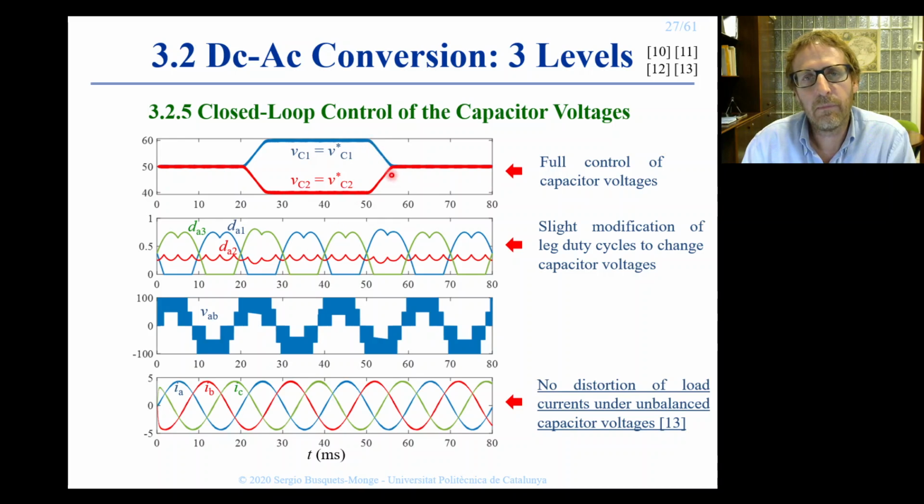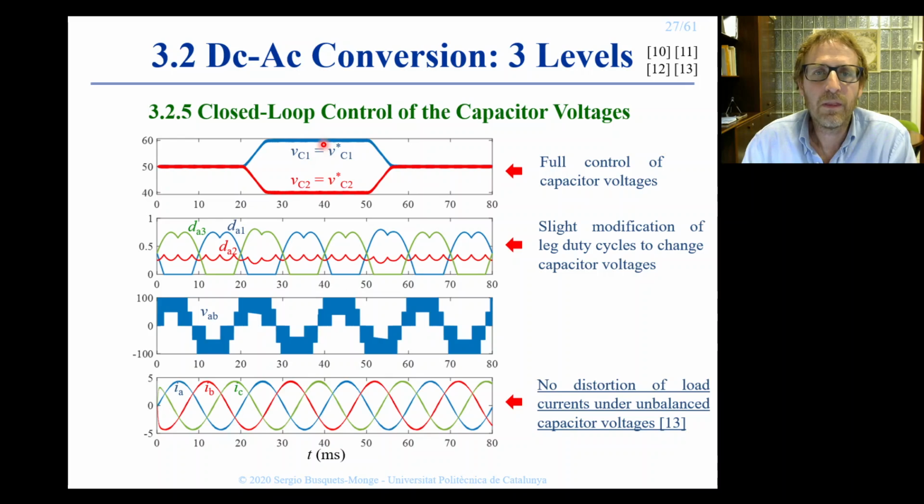Finally, at this point in time in the simulation, we recover a command for the voltages so that both are equal to 50 volts. And as we can see, the control is able to recover this balance without too much variation of the leg duty ratios again. Well, an important feature of this pulse width modulation strategy, as you can see from the simulation, is that regardless of the value of the capacitor voltages, we cannot see any specific low frequency distortion in the phase currents.